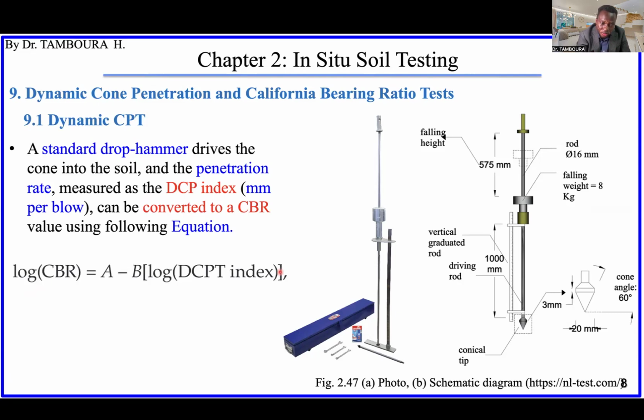Okay, so instead of doing the Californian bearing ratio test, you can just do this dynamic cone penetration, and you can directly obtain the Californian bearing ratio.